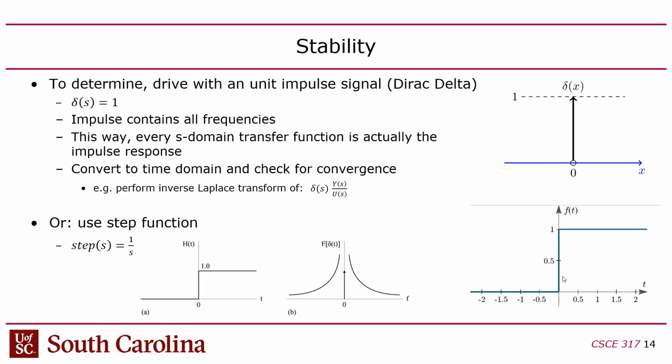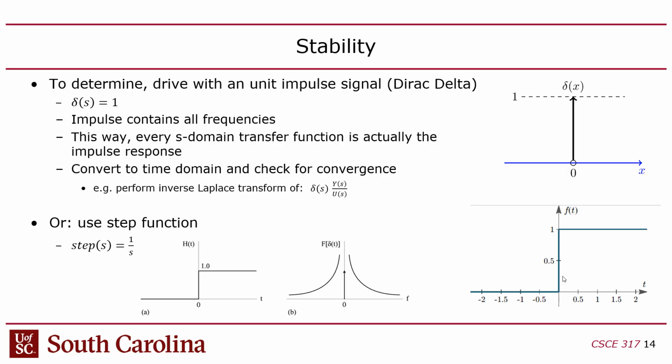Well, it turns out that the impulse, believe it or not, is literally just a constant 1 in the S-domain. So you can find the impulse response by multiplying a transfer function by 1. Now, what about the step response, though? What if I want to put a step in?